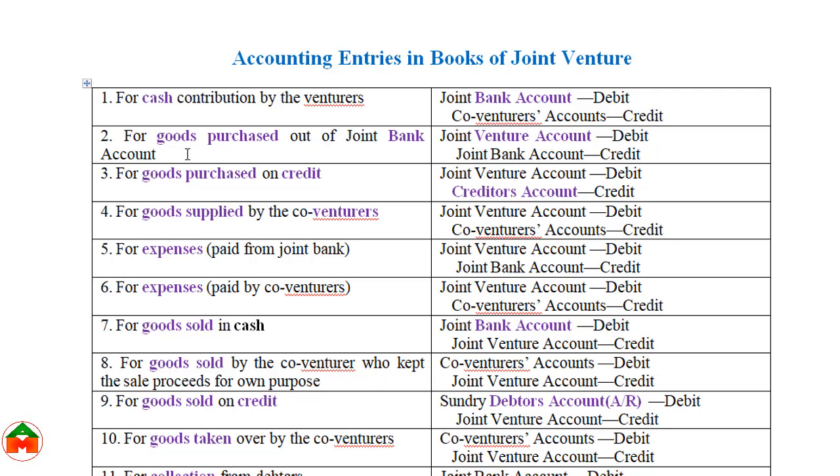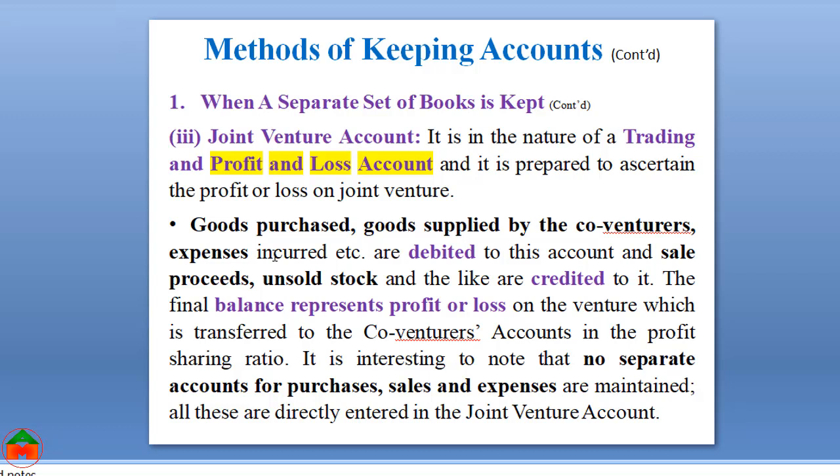Whenever there is a purchase of goods using the bank account, then joint venture account. We have shown that purchase, goods supplied by the co-venturers, and all other expenses should be shown in the joint venture account in the debit side.